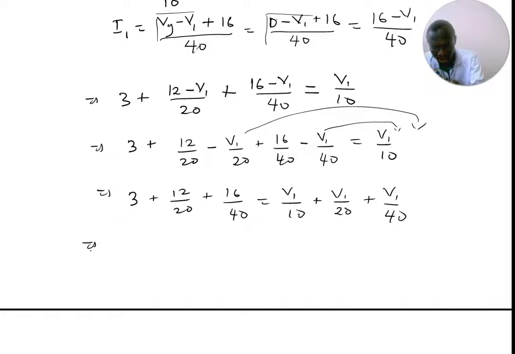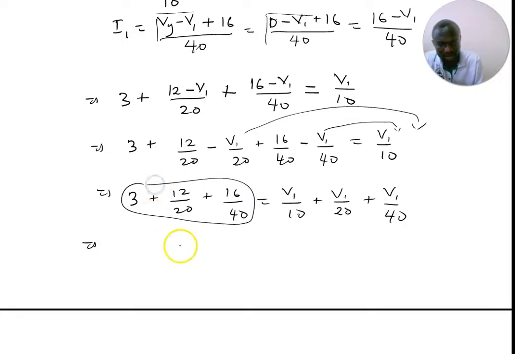So 3 on 20, 16 on 40. All this, if I sum them up, I'm going to get what? 4. 4 equals to.